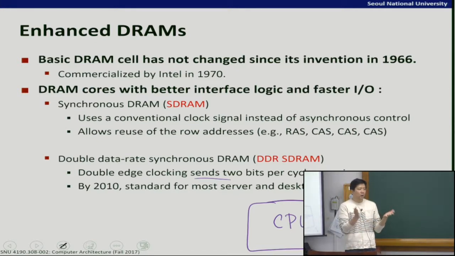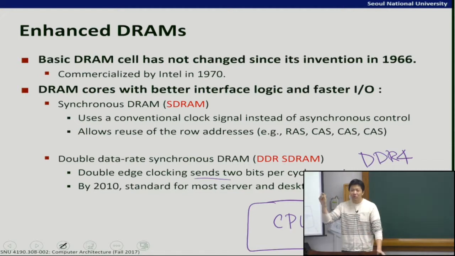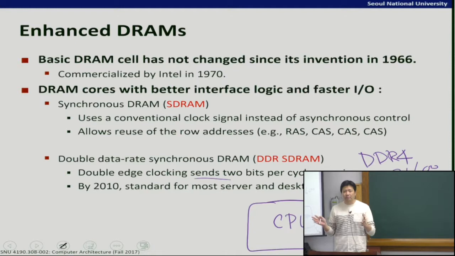If you buy a PC, I mean a desktop, then DDR4 is the standard. I don't know how many of you have seen DDR4 in the spec. If you look at the specification of a PC, the memory module is DDR4, 21600 or something like this. That's the grade of your memory.